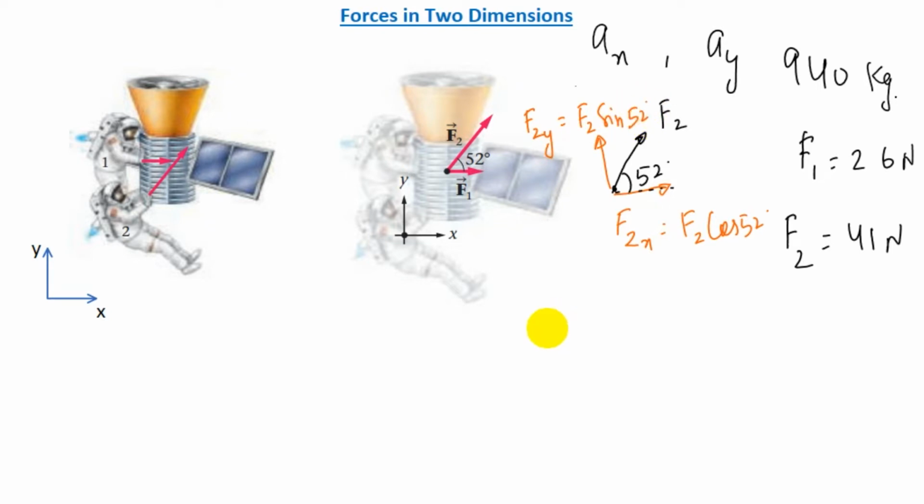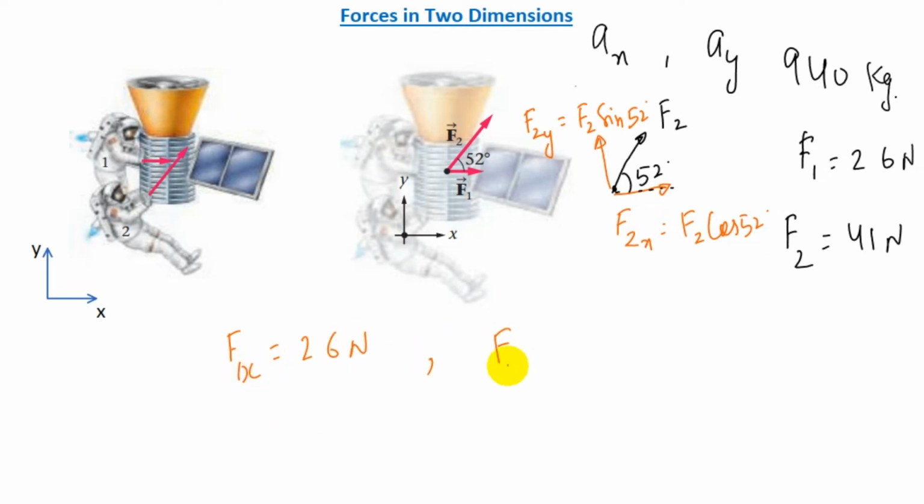Now we're going to use Newton's second law of motion in the x and y direction separately. In the x direction we have the F1 force, which is equal to 26 Newton. This is along the x direction, so we can write F1x.